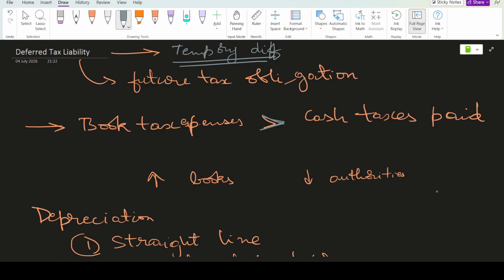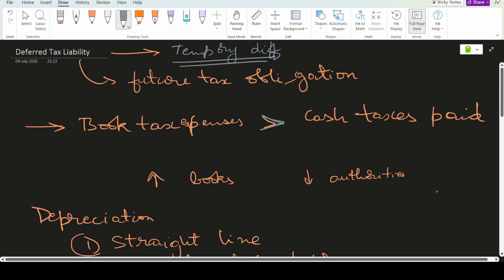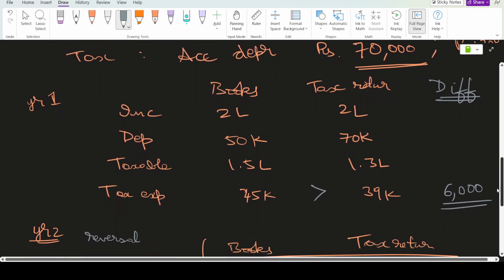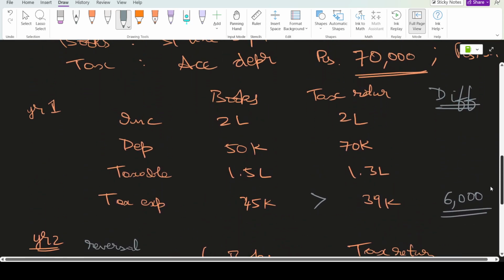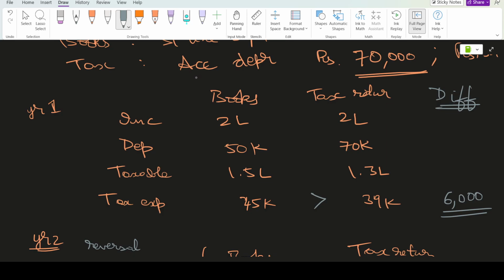You are essentially prepaying the taxes, and you are going to get the benefit of lower taxes in the future. How will that be done? By using accelerated depreciation for the books, and straight line depreciation for the tax return. You are simply reversing the process that we did in this exercise.